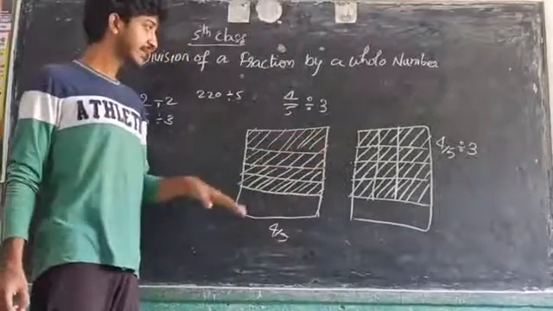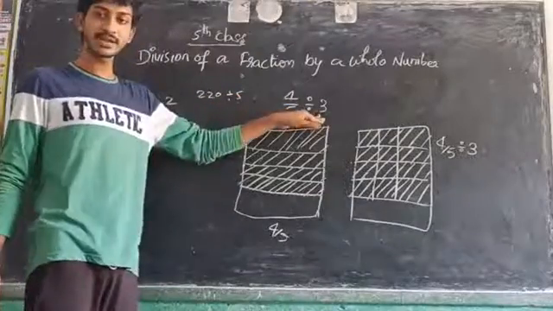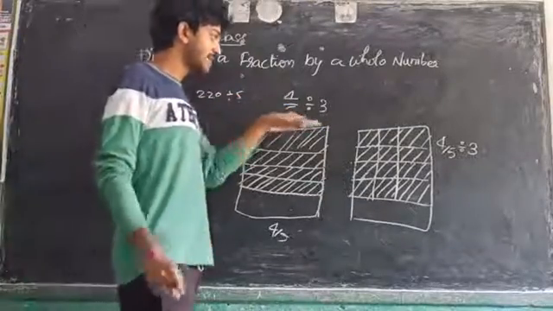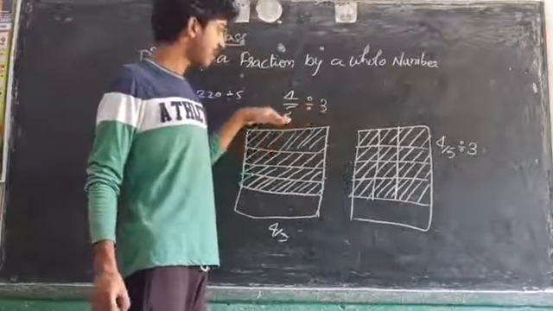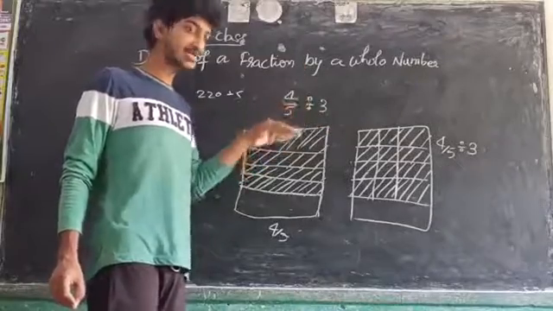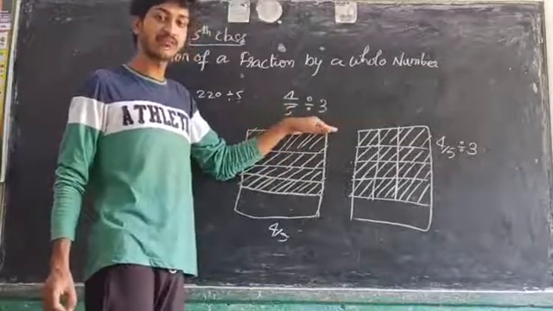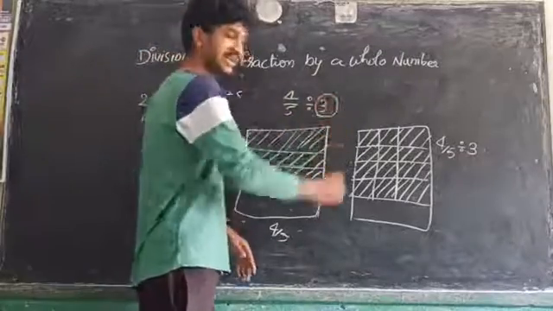And the main thing about this division is that dividing a fraction by a whole number means using the reciprocal of the divisor. The division of a fraction by a whole number is the same as the multiplication of that fraction with the reciprocal of the divisor. Here, what is the divisor? 3 is the divisor. Okay, children, 4 by 5 is the dividend and 3 is the divisor.